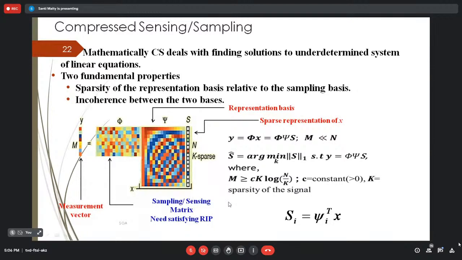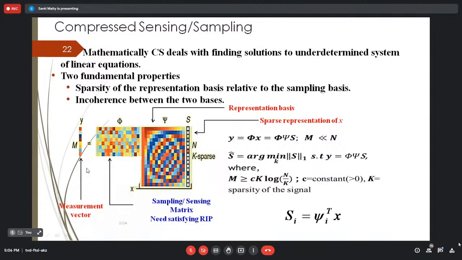Physically, you have n-point data, you do the discrete Fourier transform, and from these n discrete Fourier coefficients you take a random projection, randomly choosing m measurements. You multiply these Fourier coefficients by a sensing matrix of size m cross n.